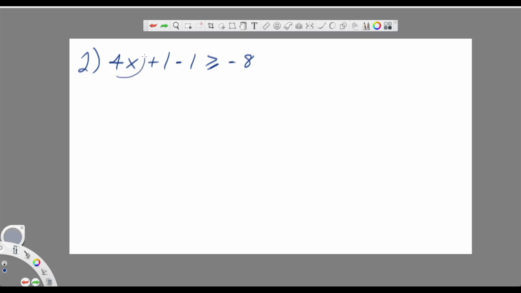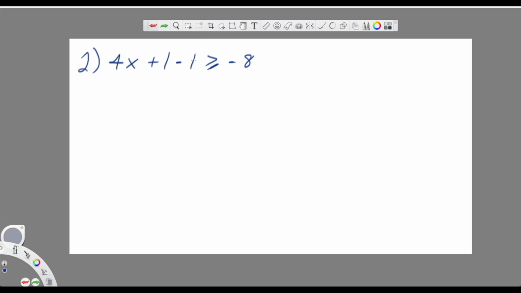We have 4x on this side, but nothing else has an x on this side, so 4x is already by itself. We have negative 8 on this side, and there are no other integers on this side, so the 8 is already by itself. However, positive 1 and negative 1 are both integers, therefore these are our like terms, and we want to combine them.